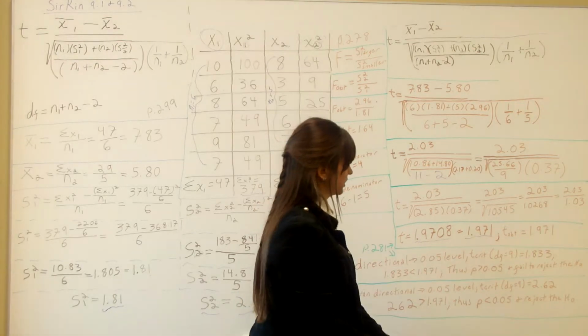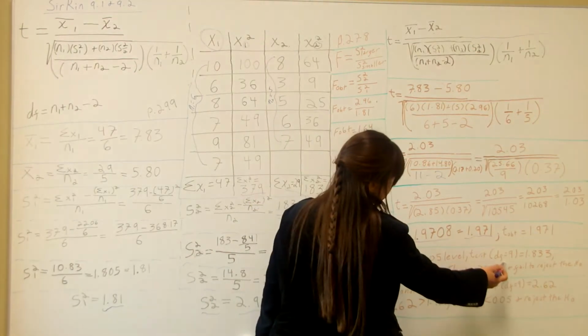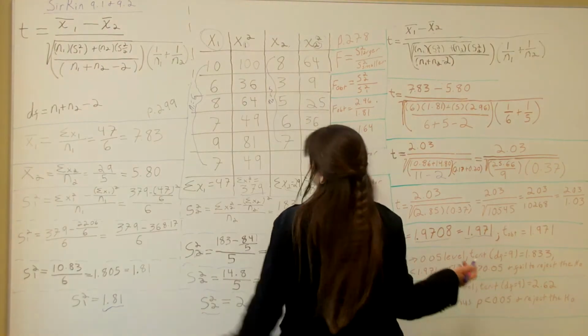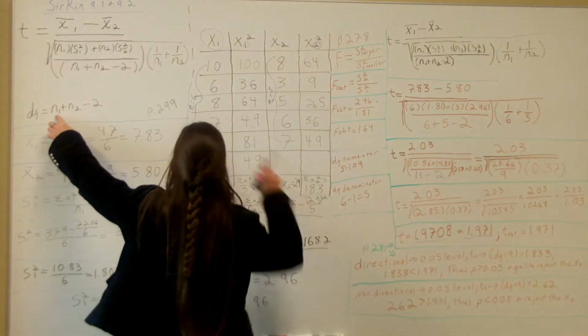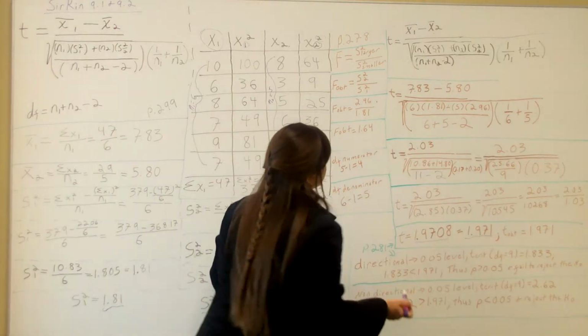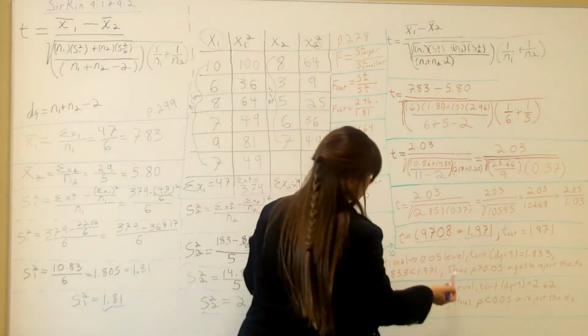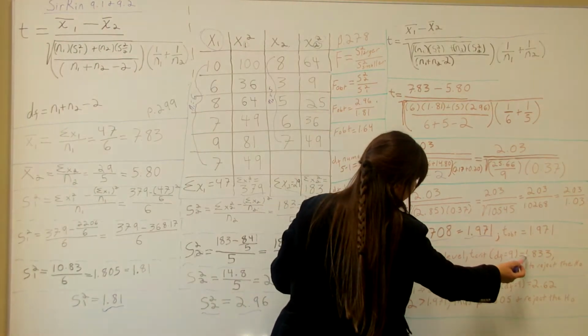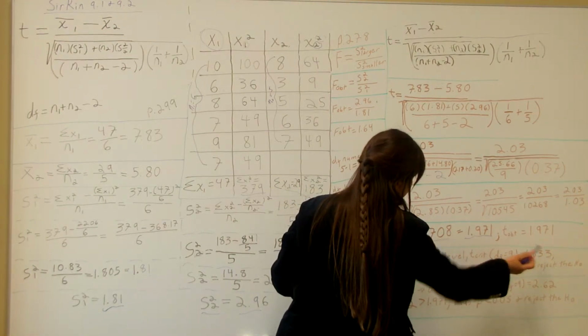which for the 0.05 level of significance, the T crit for our degrees of freedom of 9, which remember, degrees of freedom is 6 plus 5 minus 2, which is 9, equals 1.833.